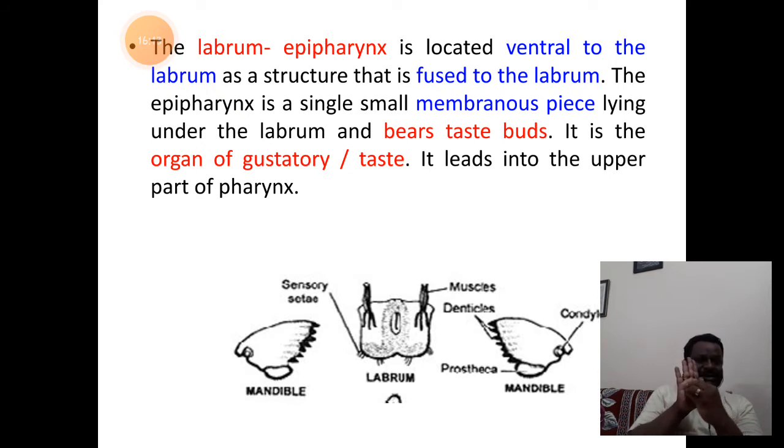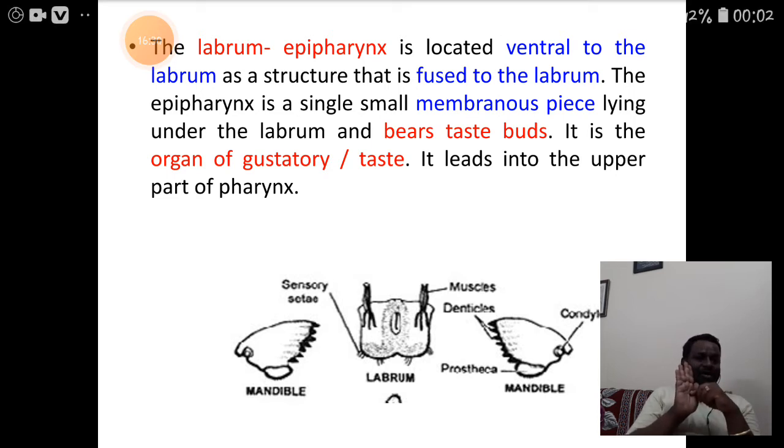These taste buds help in the gustatory or taste function. So they are the organ of taste. So labrum epipharynx is the organ of taste present in the mouth part of the cockroach.